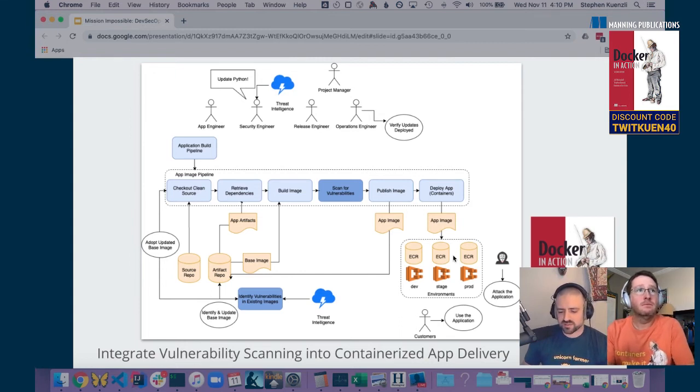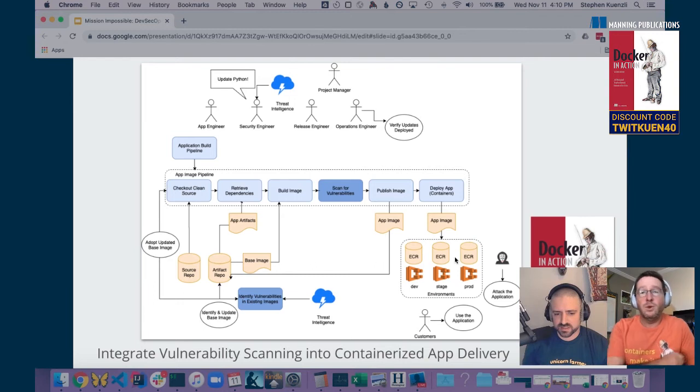You're gonna have last mile repositories for artifacts, just like you're gonna have last mile repositories for secrets and state and all that kind of stuff. And we cover in Docker in Action how image pipelines work.